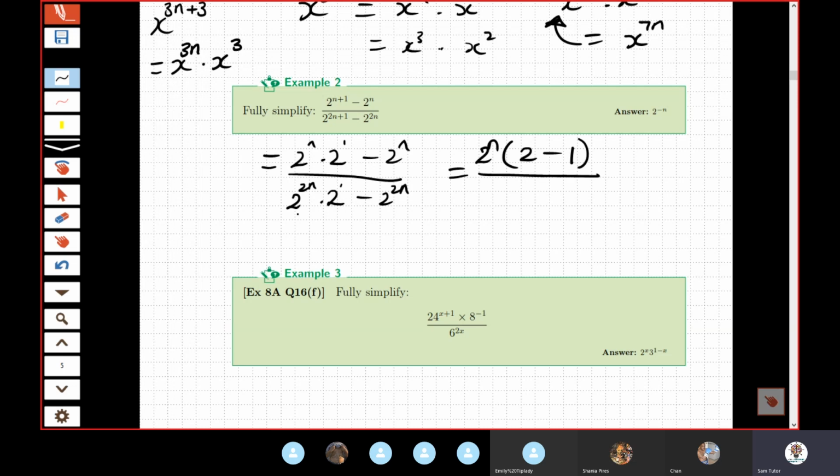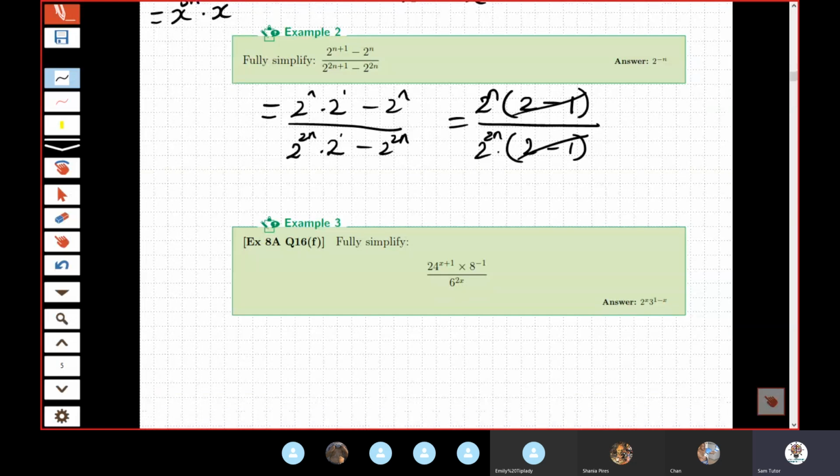Factorize 2 to the 2n from here. Again, what are you left with? 2 minus, well, there's nothing else, so 1. 2 minus 1 is just 1, but they can just cancel out anyway.